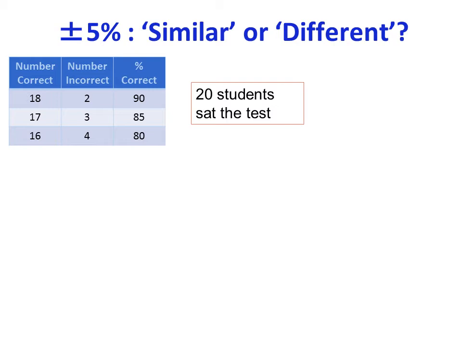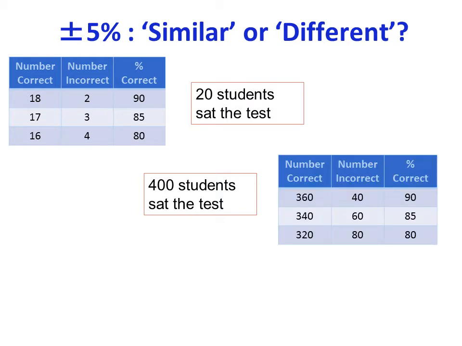Let's think, however, if we had a bigger group of students, so we had 400 students at that year level at our school sitting the test, then we'd see that a difference of 5% would be 20 students, or almost a whole class, who were getting that question incorrect.